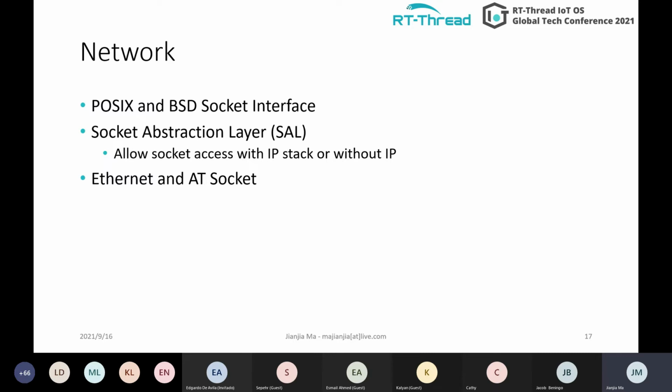It means your application level code doesn't rely on the low levels. And what is more commendable is that RTThread provides a layer called the socket abstraction layer, or SAL. What this layer does is unify the interface between different network devices. For example, some high-end chips might have Ethernet built in. Then you use an IP stack like lightweight IP to do all the socket and internet connections.